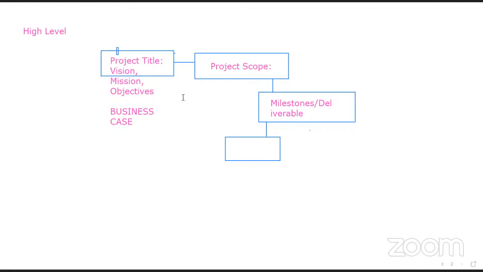And then I said, under project scope, we are not talking about you giving the whole information about your WBS. No. In this case of project scope, what we need here is the high-level requirement.